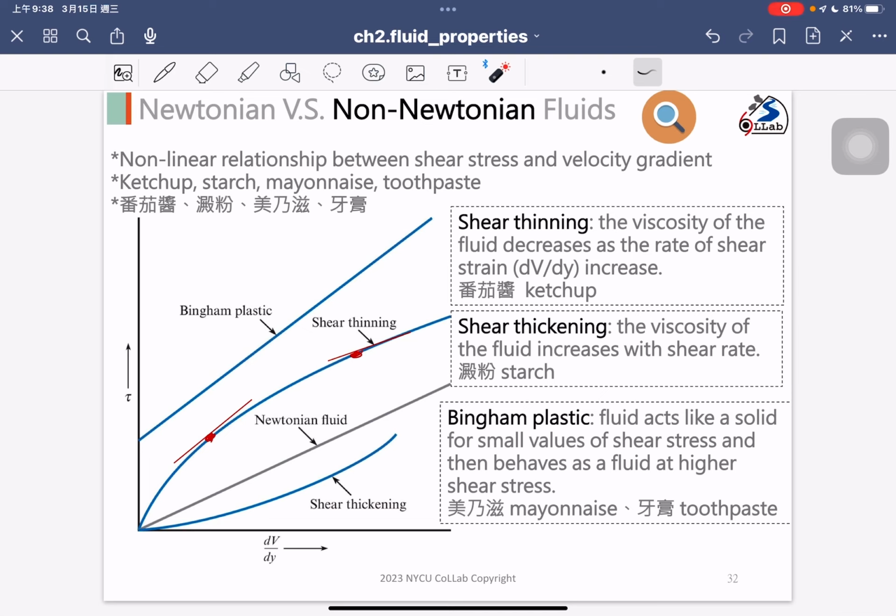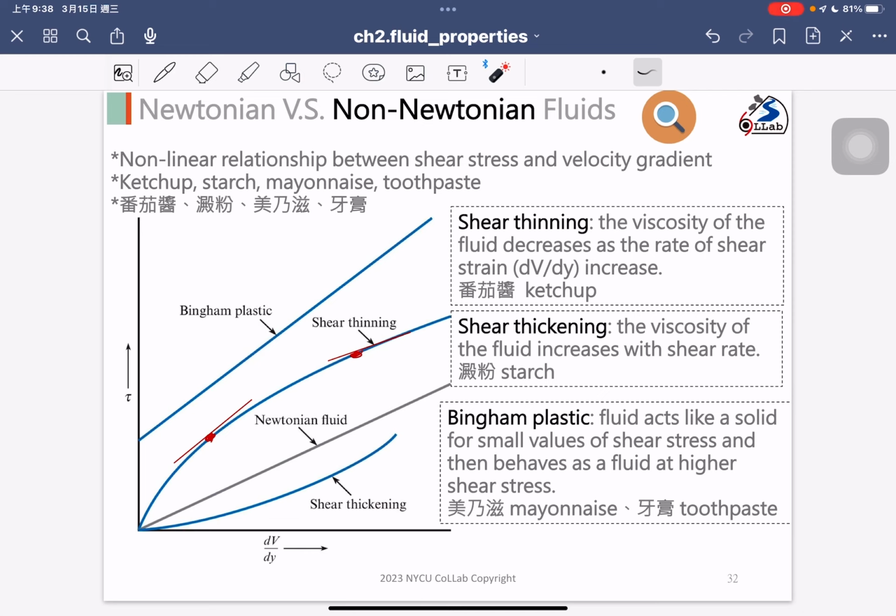So the velocity gradient increase results in a lower dynamic viscosity. That indicates the fluid is much easier to flow, right? Because with lower viscosity, there is higher movement for the fluid.